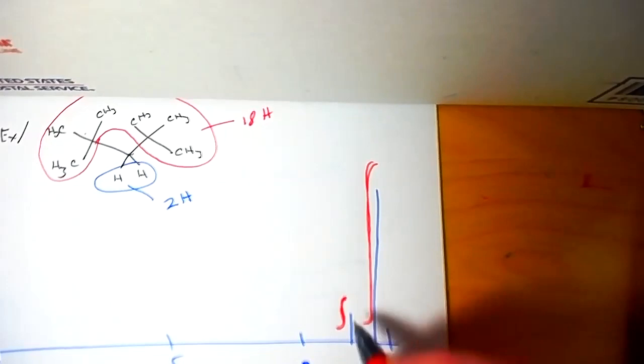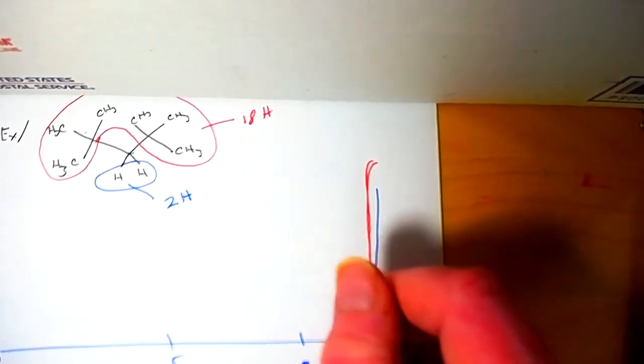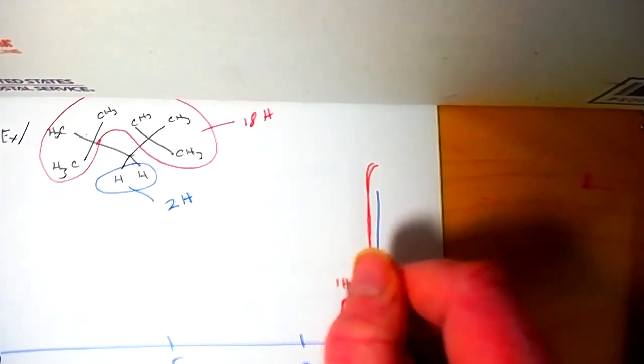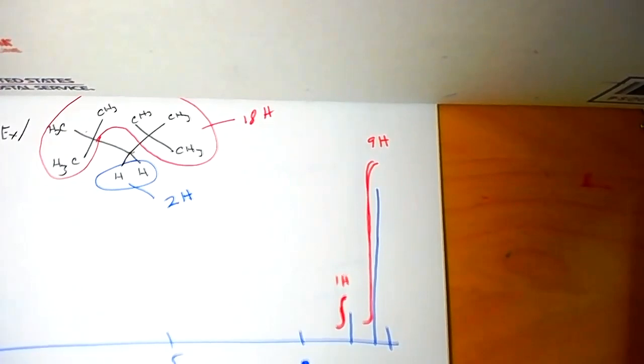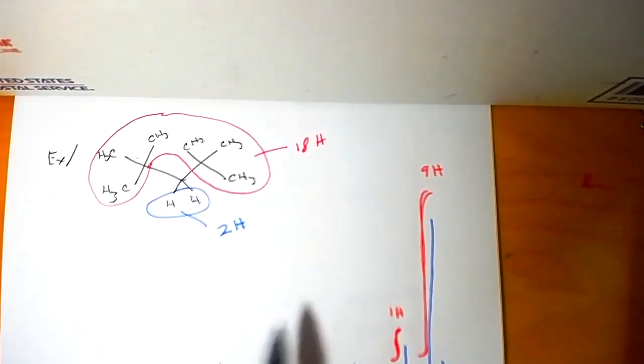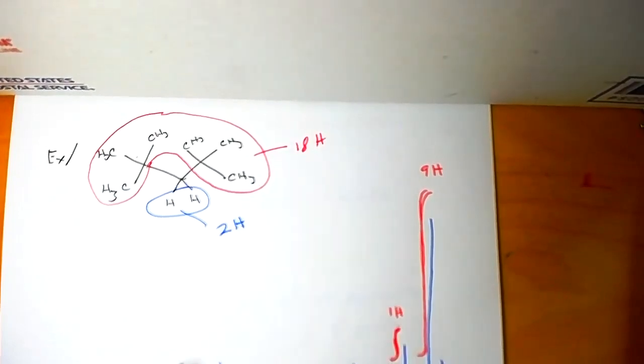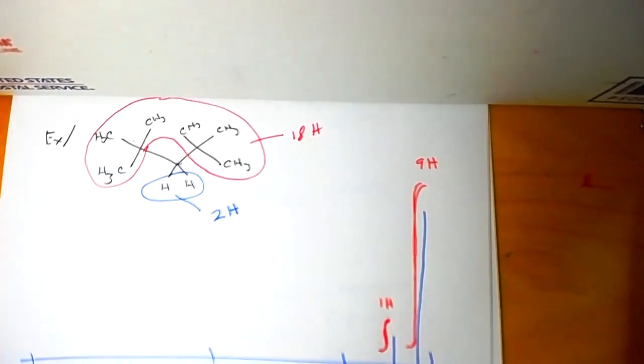The machine will tell you that this is a 1 to 9 ratio. Even though the compound does not have 1 hydrogen and 9 hydrogens, it has 2 and 18, the ratio is what it needs to be.